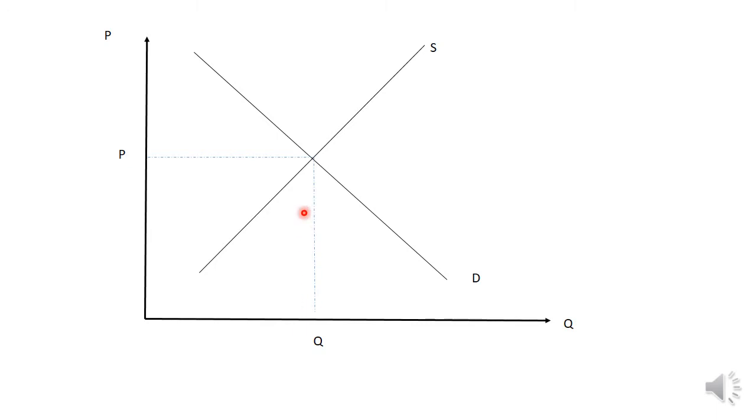At this equilibrium point, this amount of goods or service is being sold by the sellers and bought by the consumers at this market price. These are the two very important pieces of information that the equilibrium point can tell us. So when you draw the diagram, it's very important to quickly locate the equilibrium point and mark it down like this.